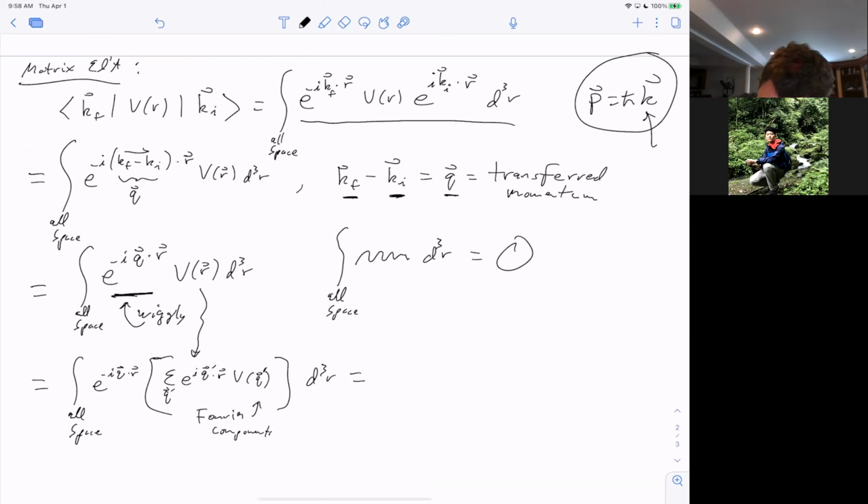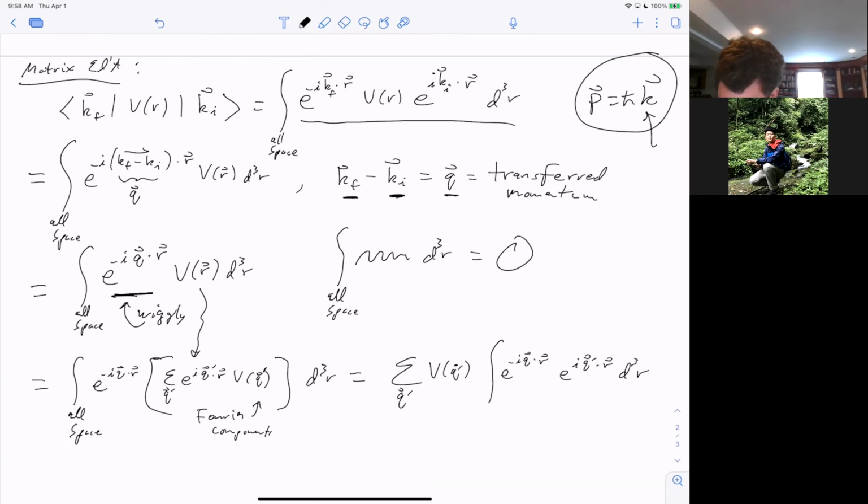Because look, this thing is a sum. I can pull the sum out, q prime, V of q prime. Let's just write it out so it's more obvious. And then this becomes an integral of e to the minus i q dot r, e to the i q prime dot r, d cubed r.